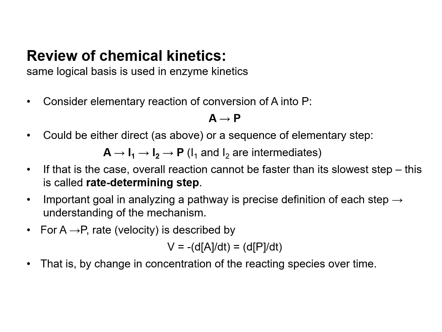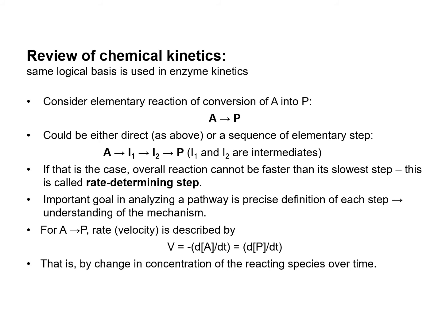Before we get to enzyme kinetics, let's have a review of chemical kinetics, which has the same logical basis. Let's consider an elementary reaction of a conversion from A to P, and it could be either a direct reaction where A changes to P, or a sequence of elementary steps from A to I1 to I2 to P, where I1 and I2 are intermediates.